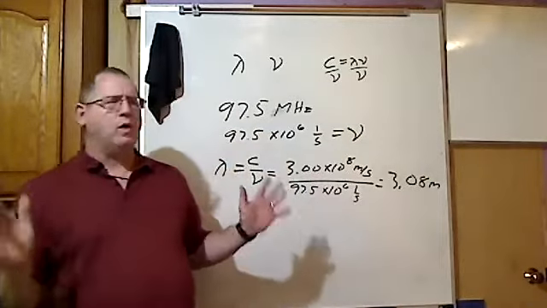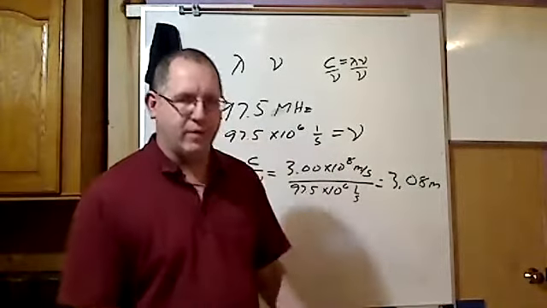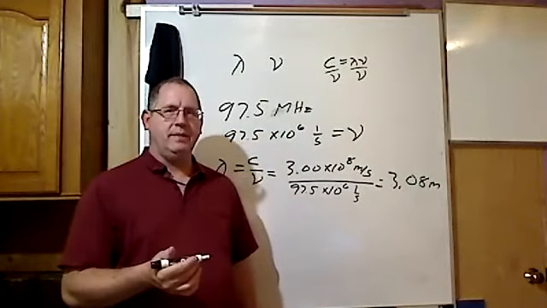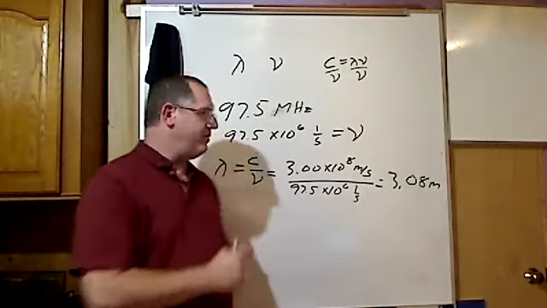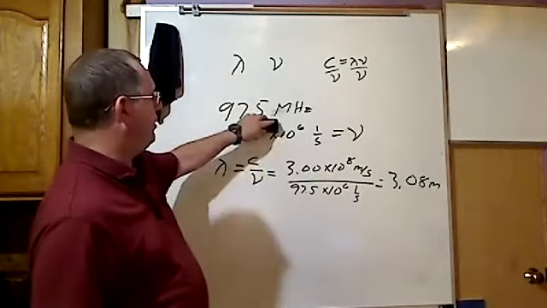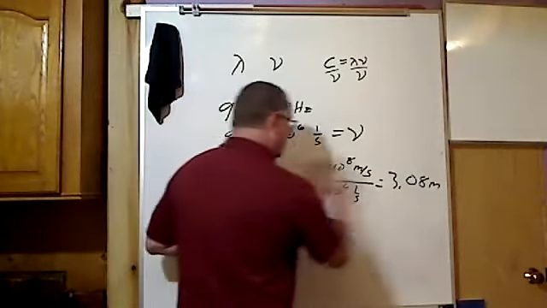Now, we also can look at energy. I'm not going to go through and review everything, but we do know that the energy is related to its frequency. The energy is related to the wavelength. For this one, we're going to look at the energy related to the frequency that we have here. Now, I'm going to erase this so I have room to work this.